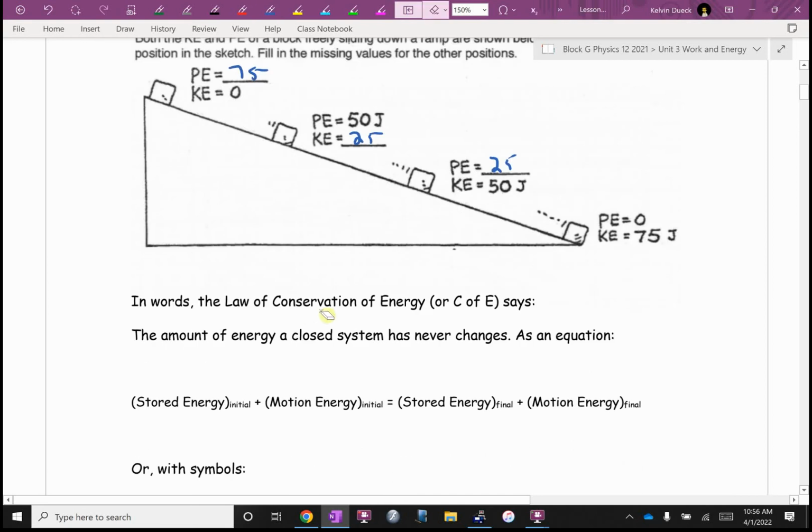In words, the law of conservation of energy, I tend to abbreviate it C of E, says the amount of energy of a closed system never changes. As an equation, your initial stored energy plus your initial motion energy has to equal your final stored energy and your final motion energy.